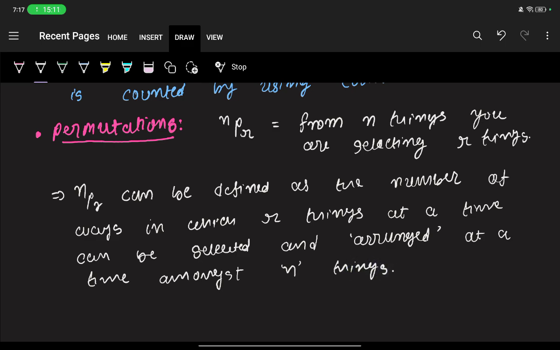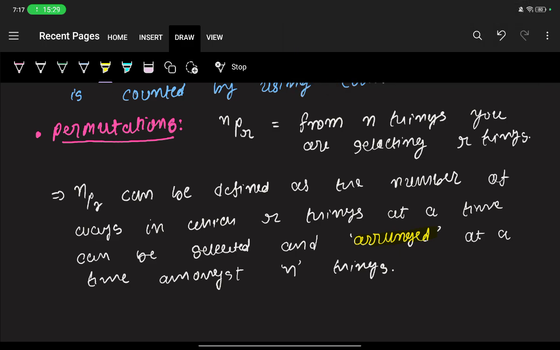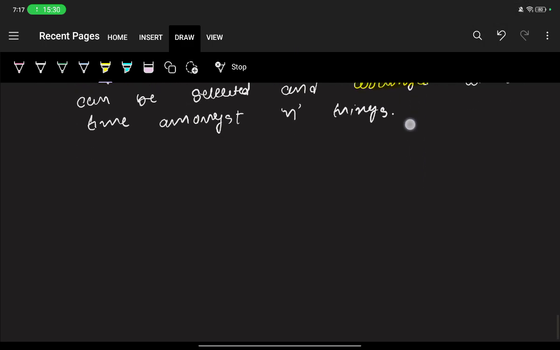So here the keyword is arranged. It can be selected, but it should be arranged in a manner. So the keyword here is arrangement. Hence, please understand here that the order in which the R things are arranged has critical importance in the counting of permutations.